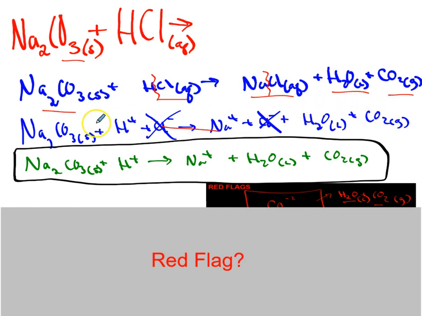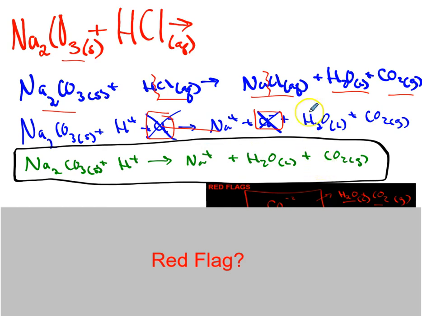Once we did all that, the only thing that was the exact same on both sides was the chloride ion. So we eliminated that. And then I rewrote the net ionic equation, which was Na2CO3 solid plus the hydronium ion goes to Na+ plus H2O plus CO2 gas.